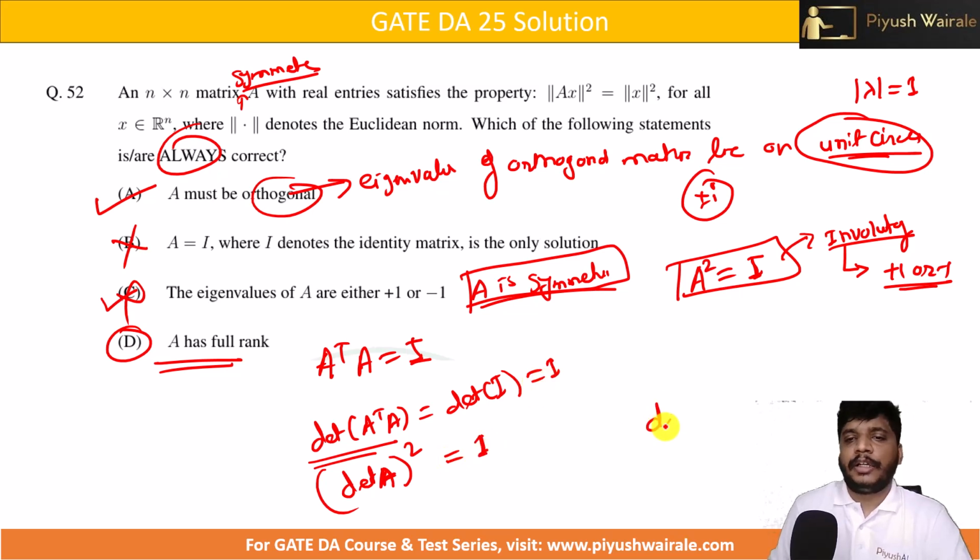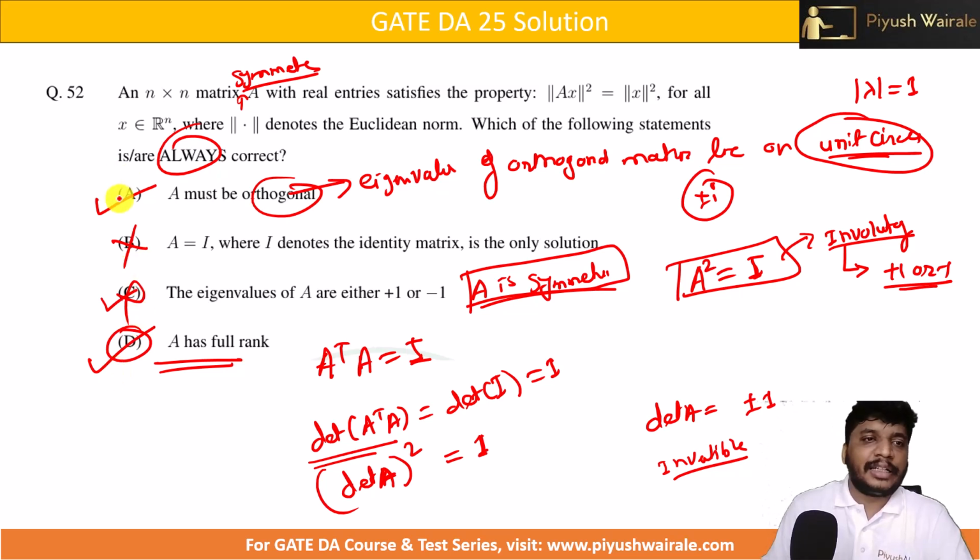It means determinant of A will be either plus or minus 1. It means A has full rank, it is an invertible matrix, a non-singular matrix. So option D is also correct here.